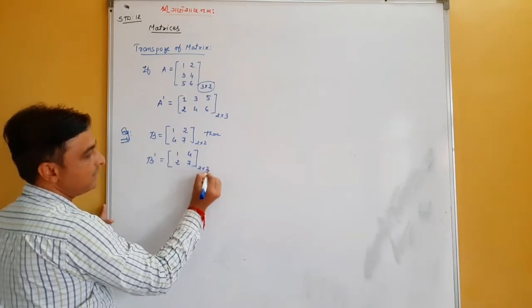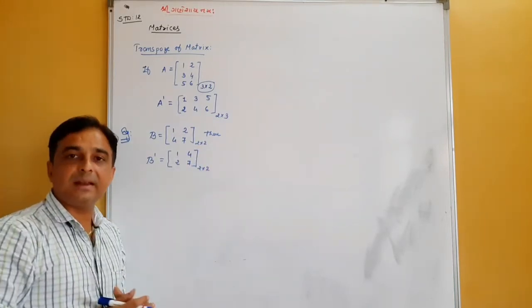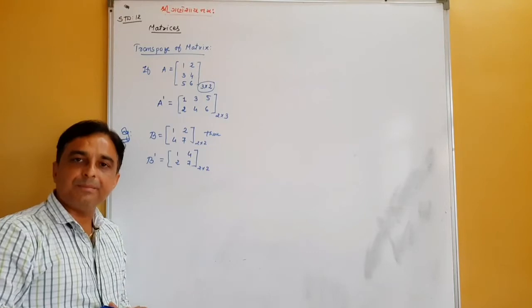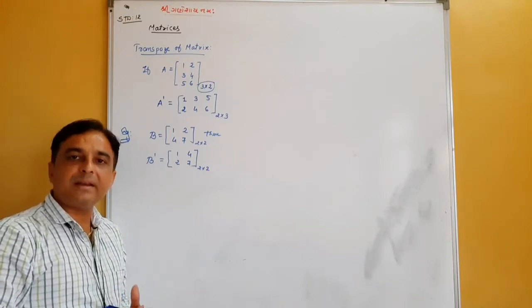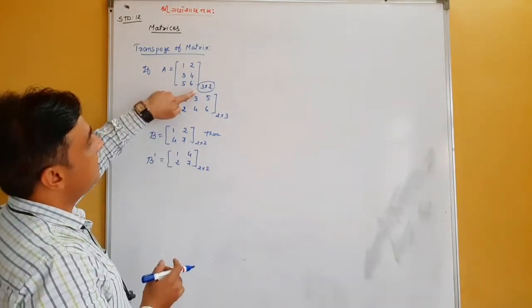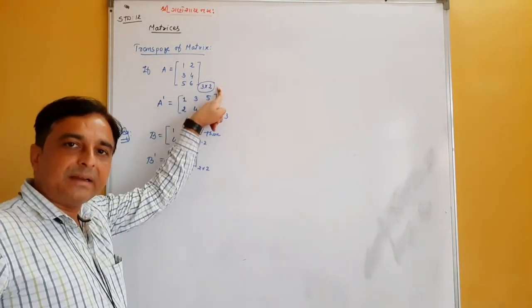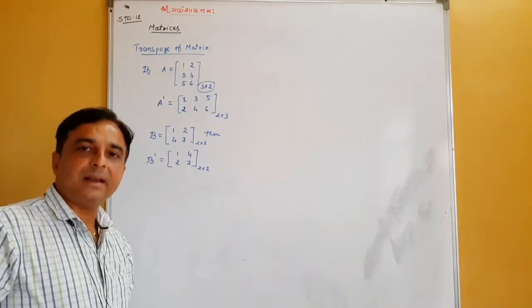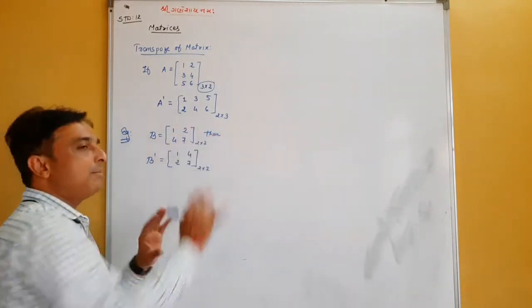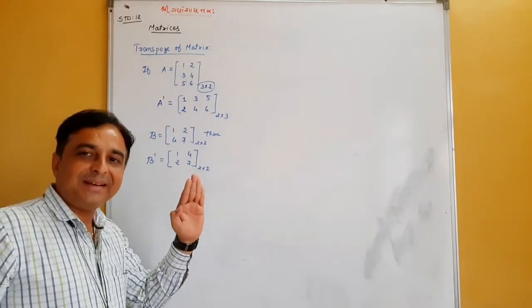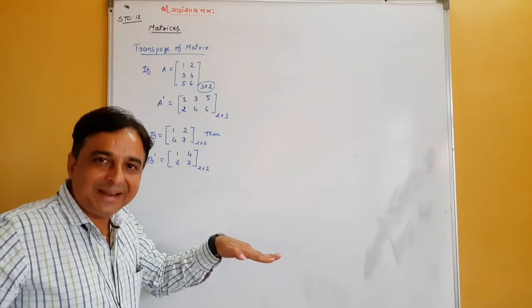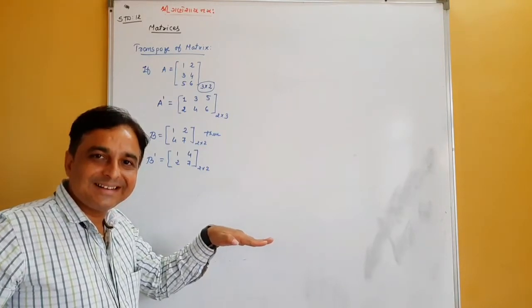Reverse is also the same, so for a square matrix, the order will be the same. For a rectangular matrix, that means it has 3 rows and 2 columns, it is called a rectangular matrix, and for a rectangular matrix the answer will be rectangular. But a standing matrix becomes a sleeping matrix. Got it?